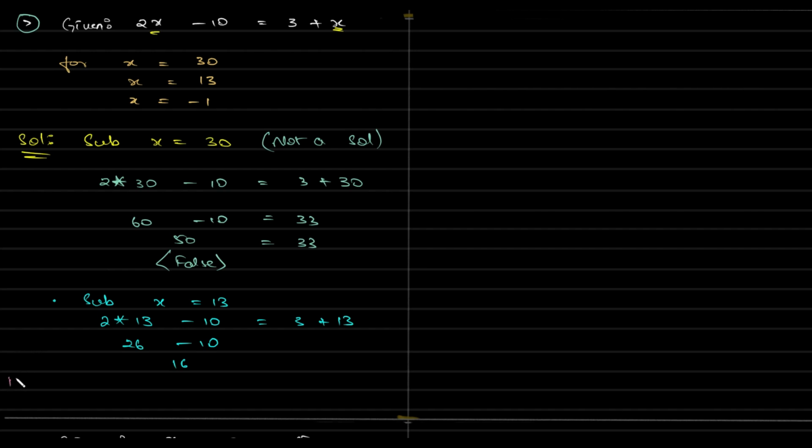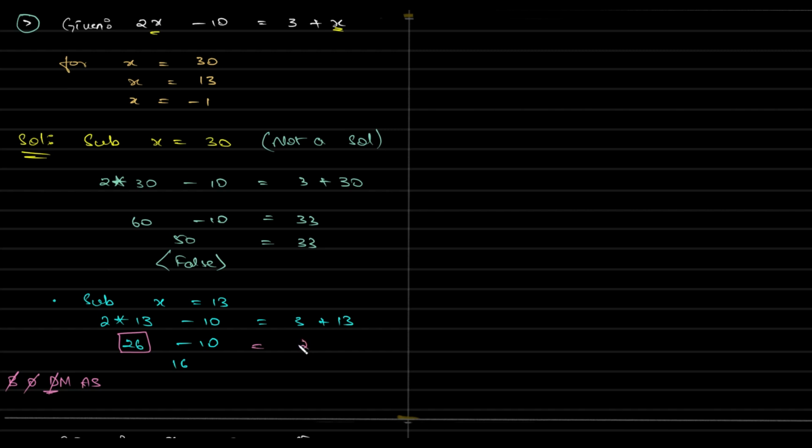Let me clear this again. Brackets are not there, there is no operation, but there is multiplication and division. In that we have multiplication, so that I did first. Then in addition and subtraction, there was subtraction, that I did. And on the RHS there's just addition.